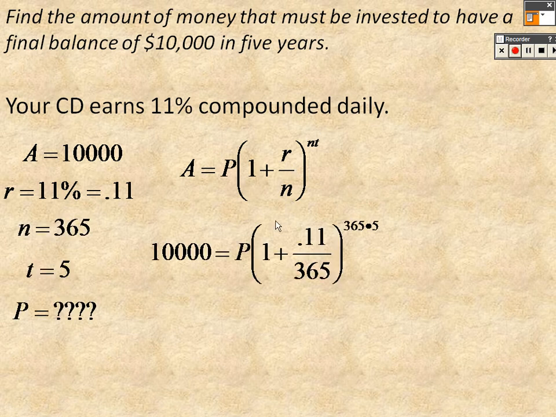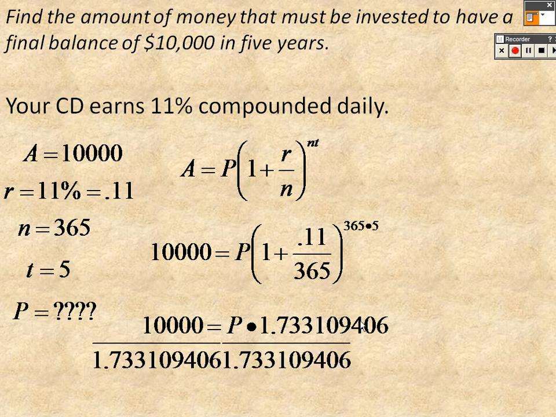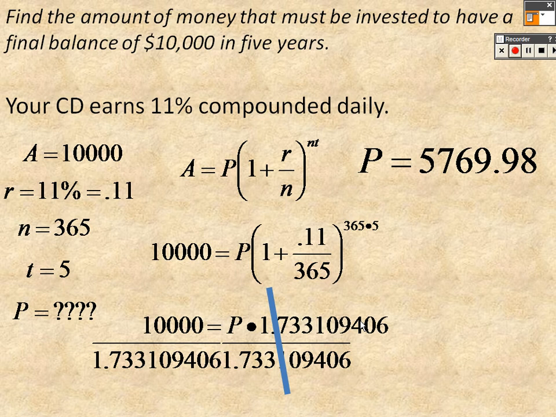So I plug in everything, but I don't know P. So what I did was I got all this, and I took it to that power, and I got 1.733109406. So if I divide both sides by that huge decimal there, they'll cross out, so I'll get $5,769.98. If I put that amount in to the CD, after 5 years I'll get about $10,000.